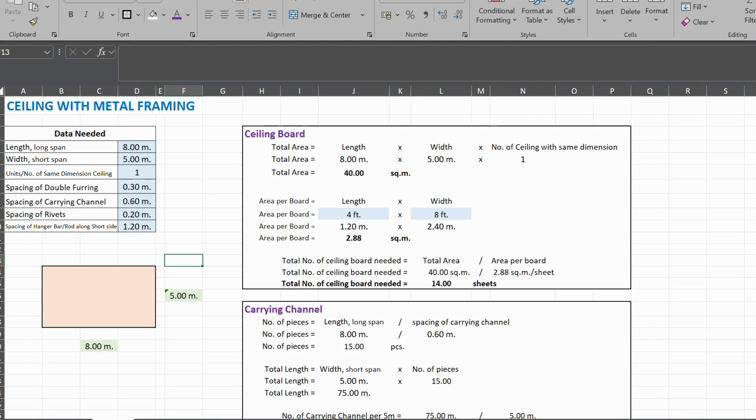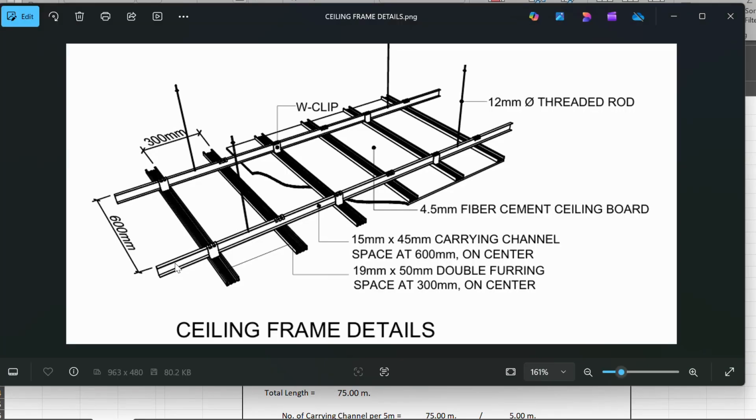By the way, let me explain again. Back to the picture. So this carrying channel, okay, siya yung magki-carry together with this hanger.